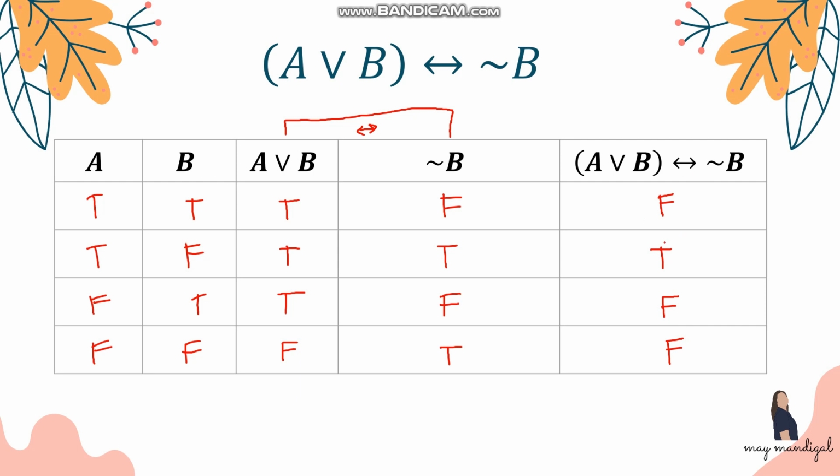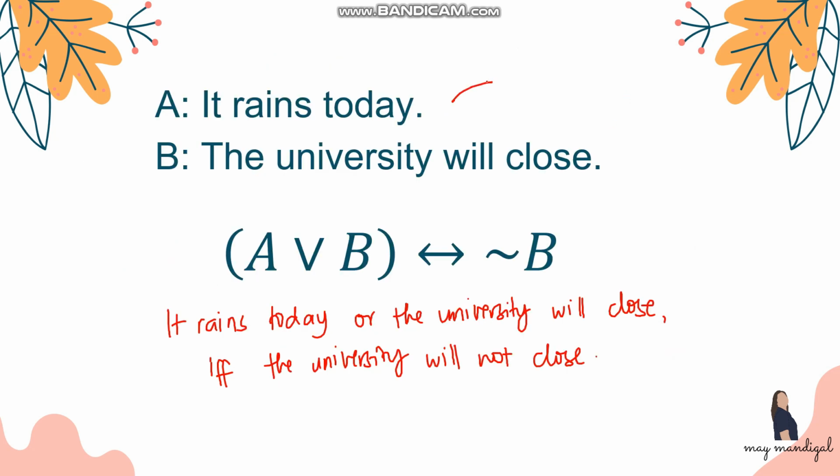So the only time that we will get true as the truth value of our argument is when A is true and B is false. So that's the only time that we will get true as the truth value of our argument. So that means this A should be true, the B should be false, so that we will arrive at a true statement when we consider this given argument.